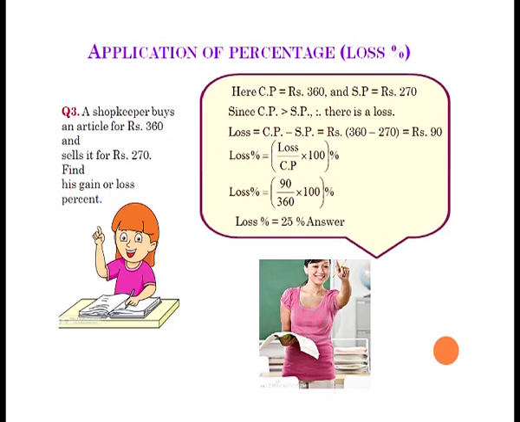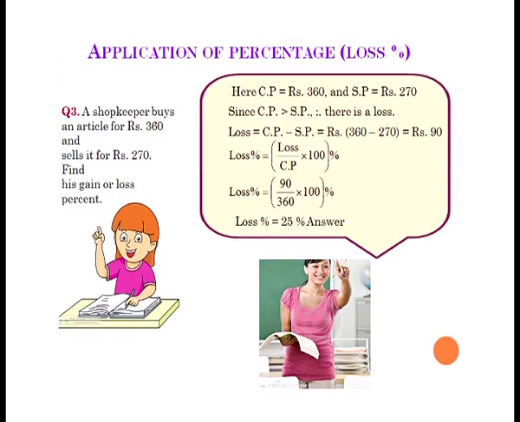And how will the loss percent be calculated? Let us see. Here the cost price is rupees 360, selling price is rupees 270. Since cost price is more than the selling price, there is a loss, and loss equals cost price minus selling price, which is rupees 360 minus 270, which is equal to 90.